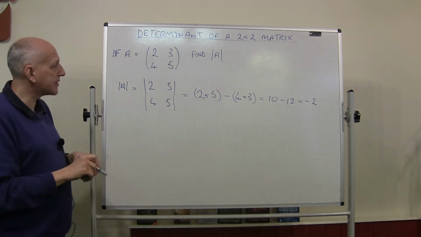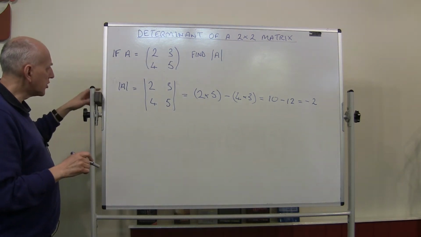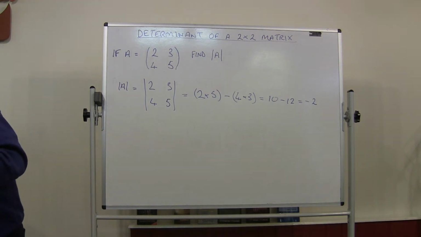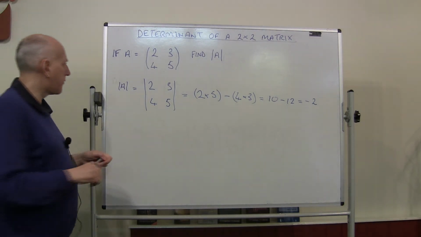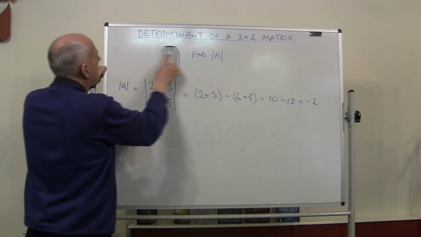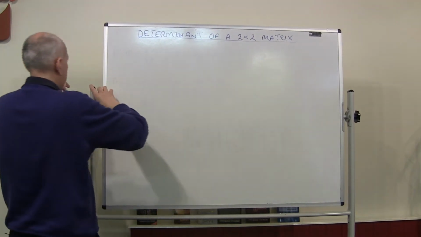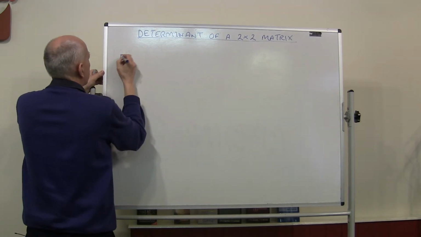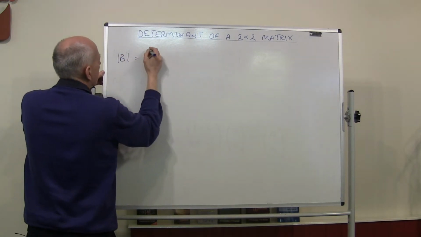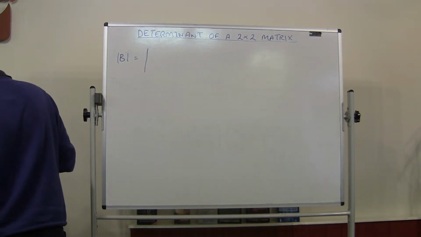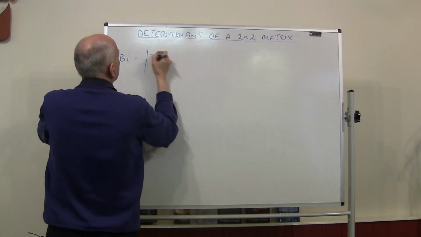Let's do a couple more examples, just to really cement that in there. If I look at some other numbers, let's say, for example, the determinant of b, where b is, let's say, minus 2.